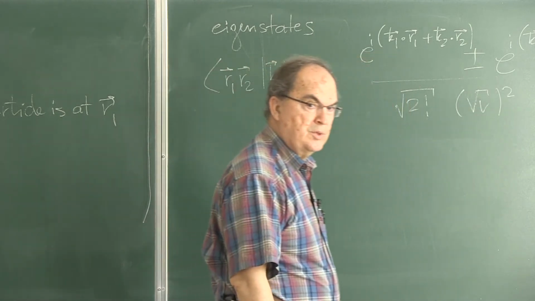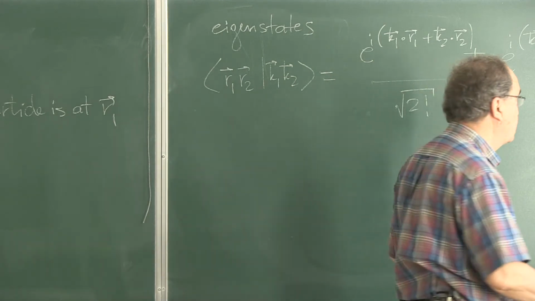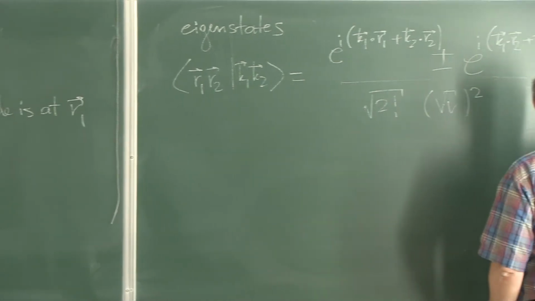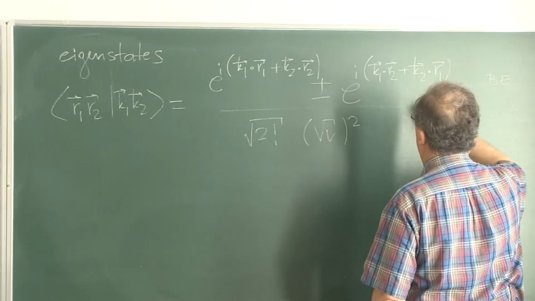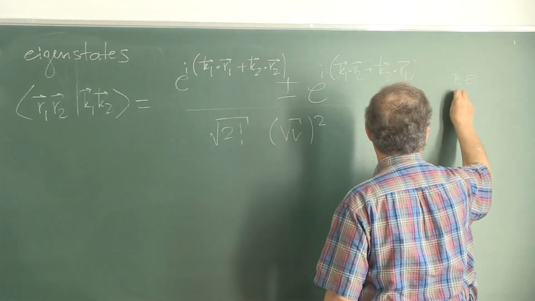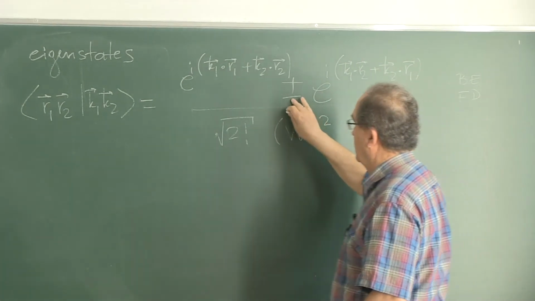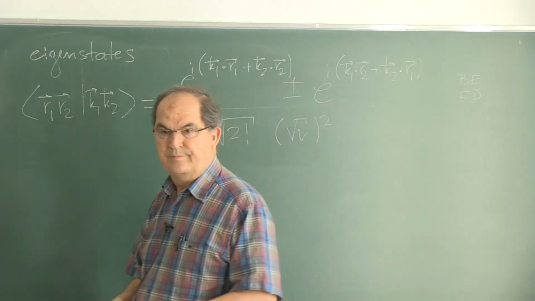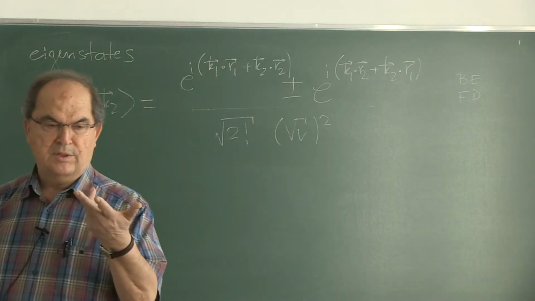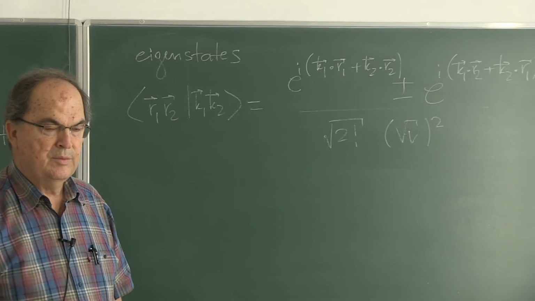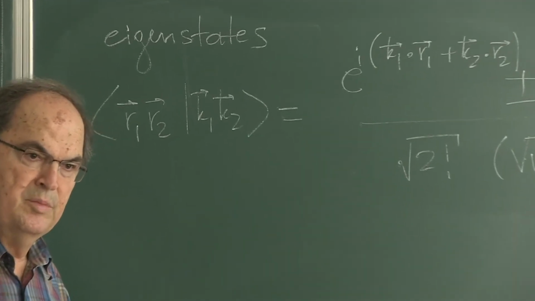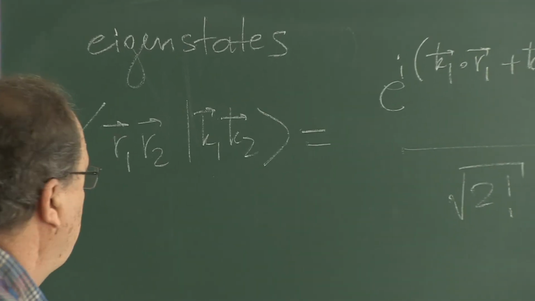Plus is Bose-Einstein, minus is Fermi-Dirac, isn't it? So Bose-Einstein is up for positive sign, Fermi-Dirac is down for negative sign. When we interchange them, we have to have a negative sign for Fermi-Dirac. Okay.